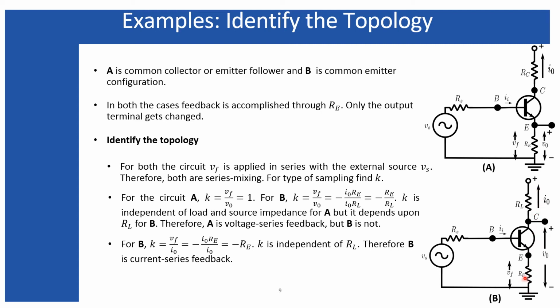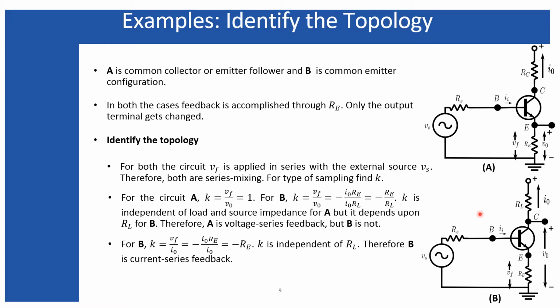So Vf will be equal to minus I naught times Re, because you have to consider that I naught is flowing along this direction in order to produce a positive voltage drop across this Re. That is why minus I naught multiplied by Re appears in the numerator of the expression of the feedback factor in the case of circuit B.